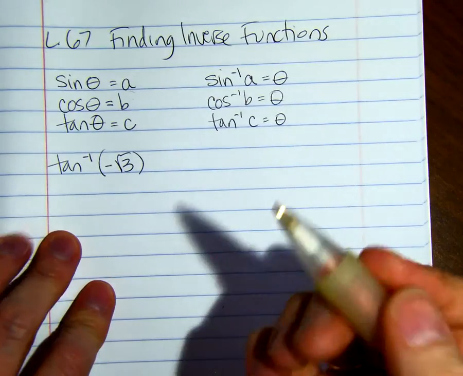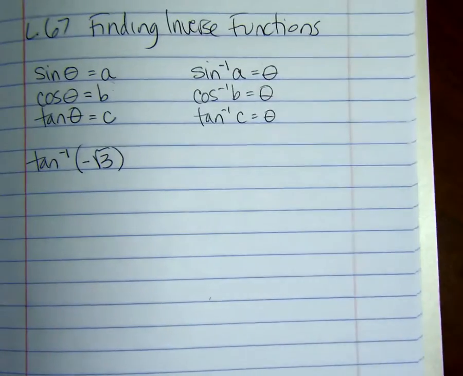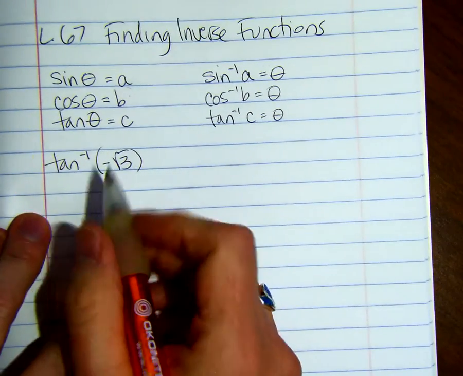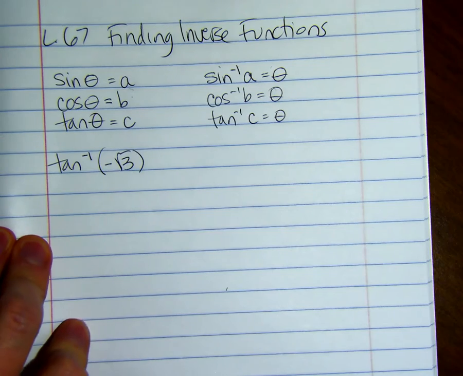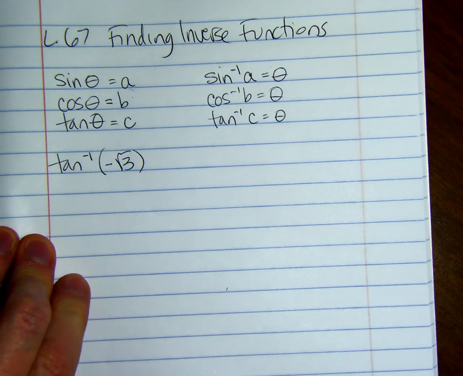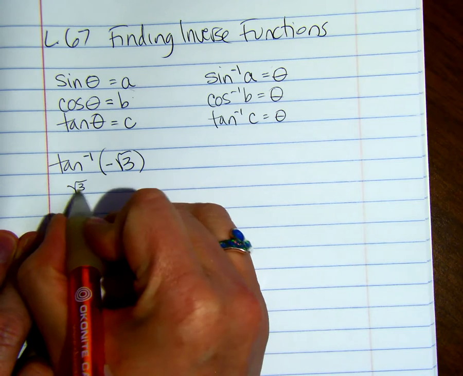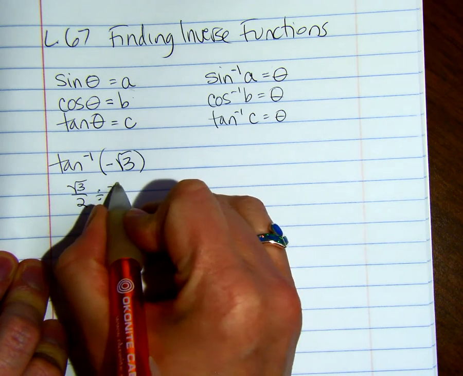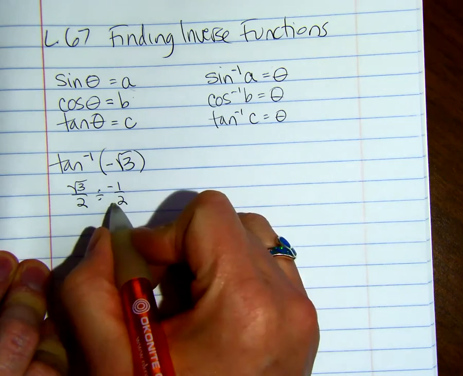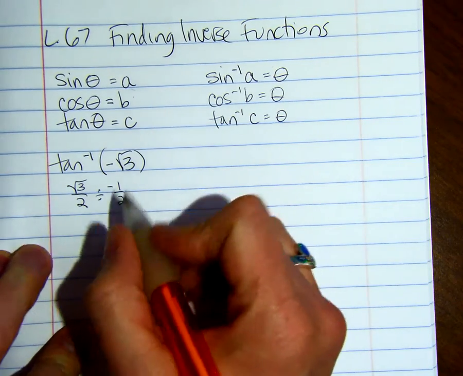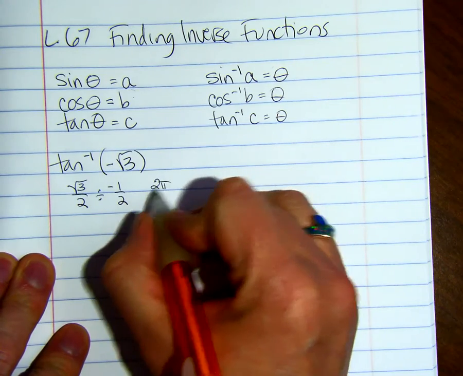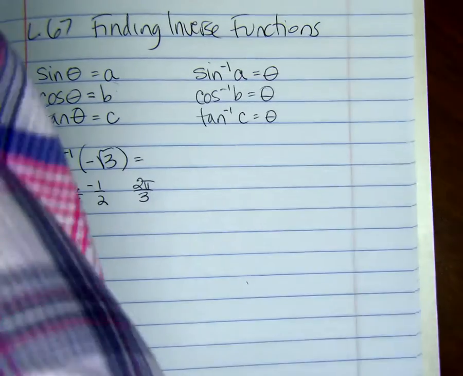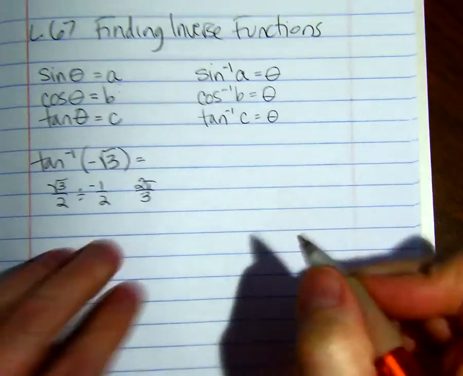So we want square root of 3, so we look at the unit circle. And we want negative. So we're going to do sine over cos. So we want square root of 3 over 2 divided by negative 1/2 will give me negative square root of 3. So that is at 2 pi thirds.